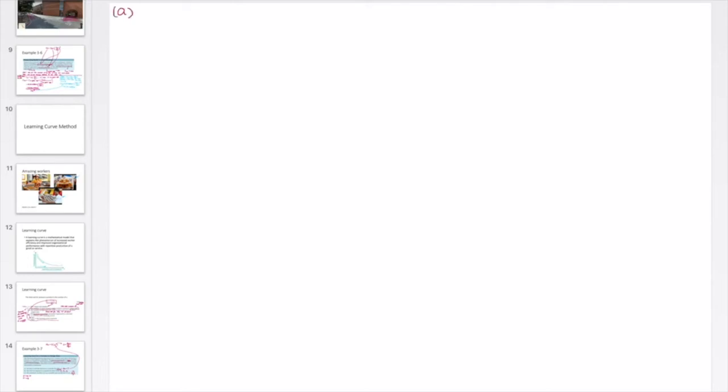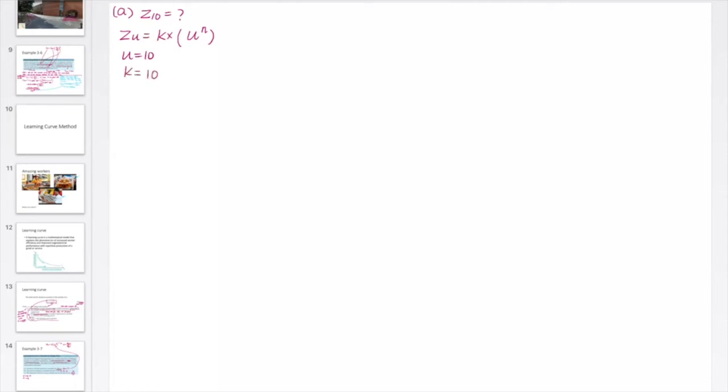So question A, to calculate Z10. We know Zu is K times u to the power of n, and we can use it as Z10, so u is 10, the specific unit we're looking at.